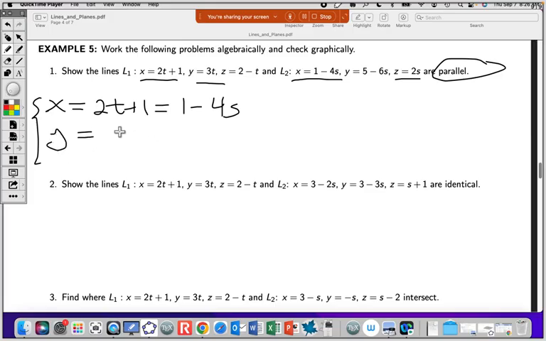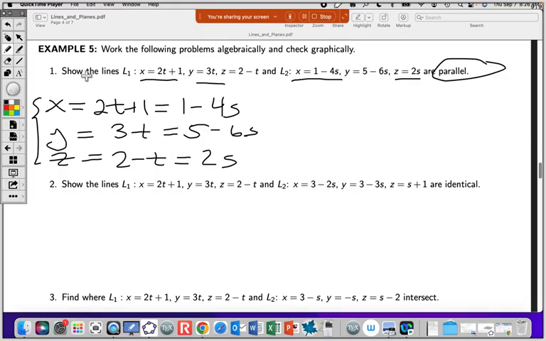The y coordinates would have to be the same, and the z coordinates would have to be the same. Do you see why we're equating the x's, y's, and z's? Because we're looking for a point on both lines, so the x, y's, and z's have to be the same.